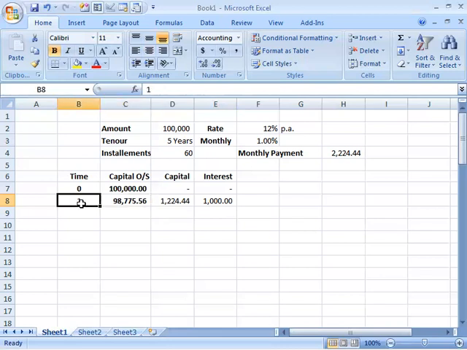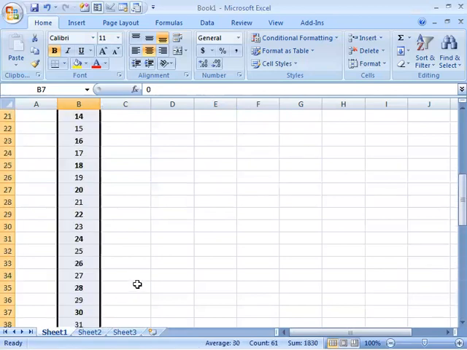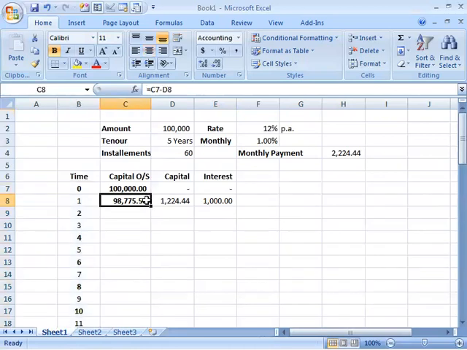So we have to do it for 60 payments. We don't need to do the calculation over and over again, so I will drag this to 60. Let's see what is going to happen, whether we have done it correctly. Okay, and I will drag this formula also.